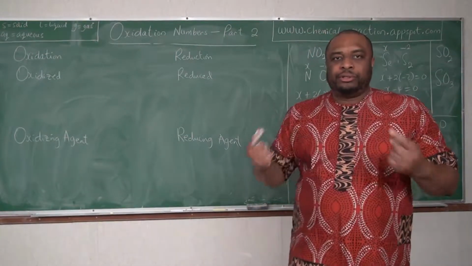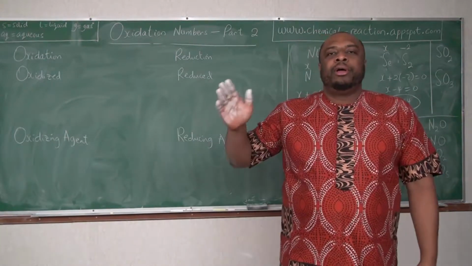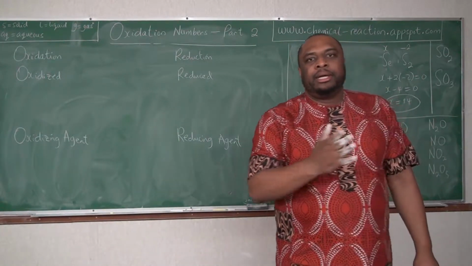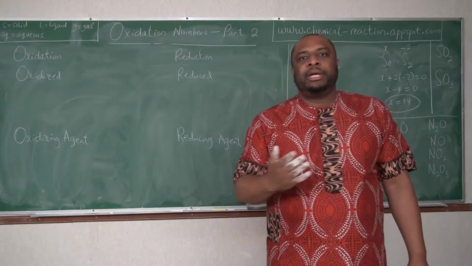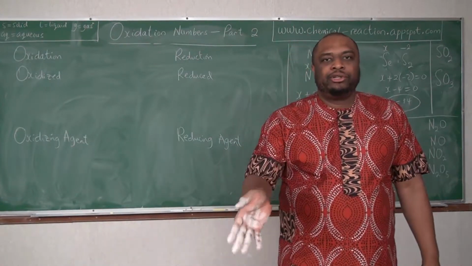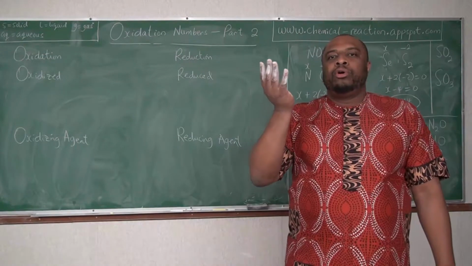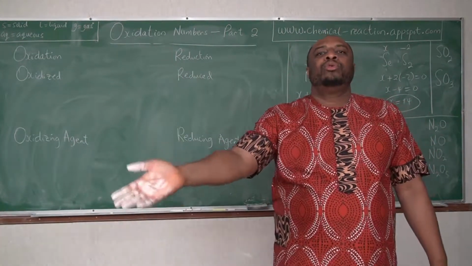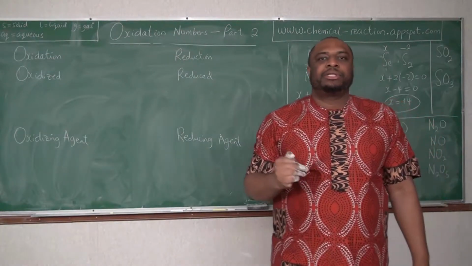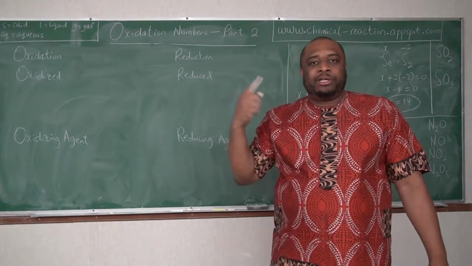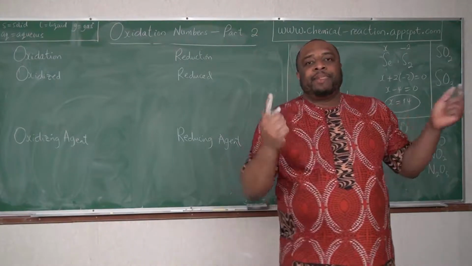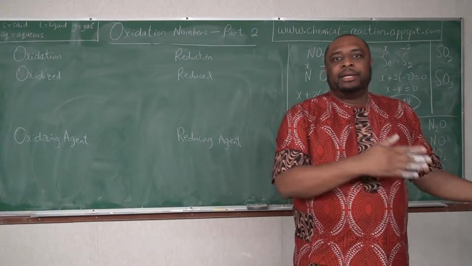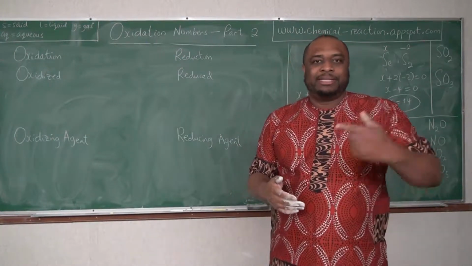Now, reduced, we talk about the movement of electrons. Who donates electrons, and who accepts electrons? Remember, we talked about this when we discussed oxidation numbers in part 1. We said oxidation number is the number of electrons that are being either given or accepted.